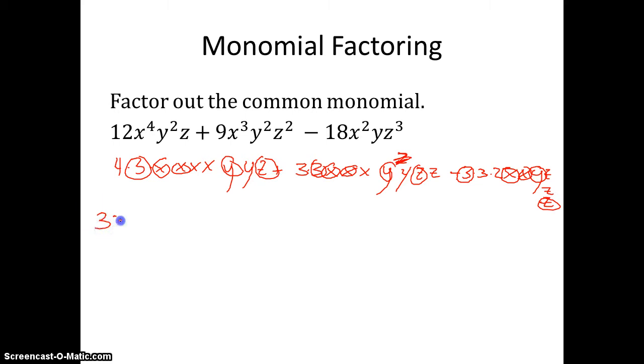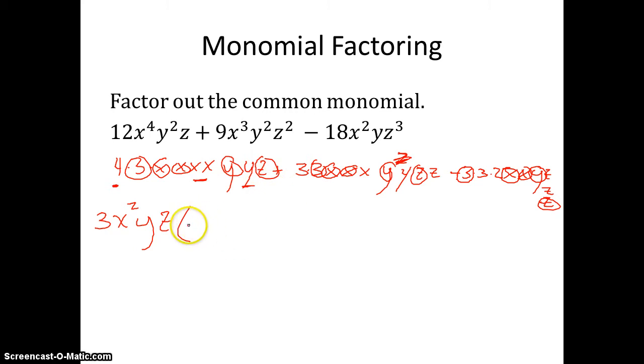So, what do I have left? On the outside, I have 3x squared y and z. And then I just rewrite everything else I had left on the inside. Now, with these, you got to make sure you give yourself plenty of room and you don't forget anything.